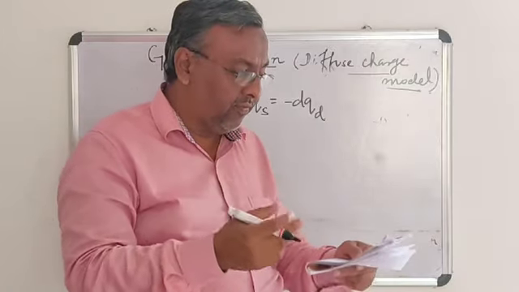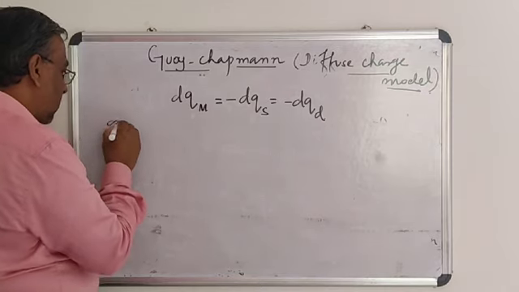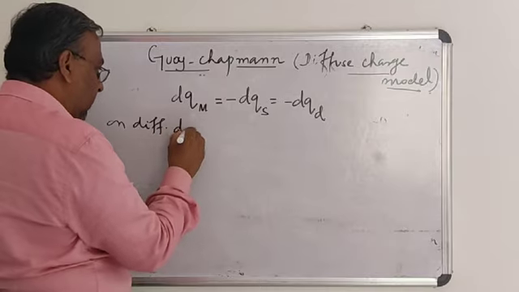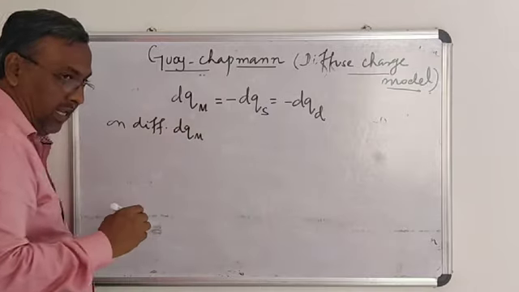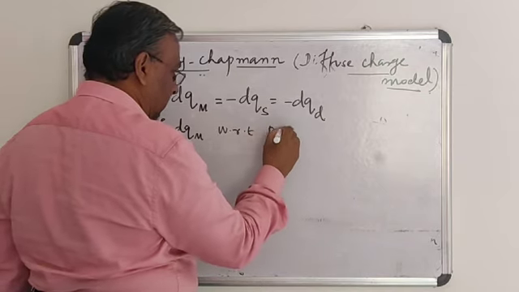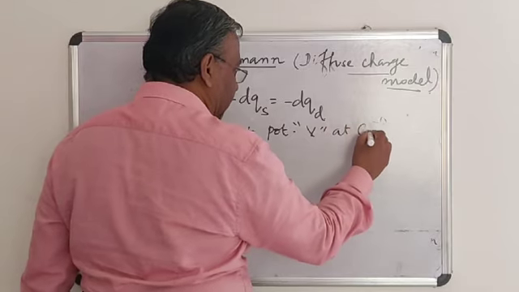How did he find it? On differentiating that charge density over the metal with respect to potential, V, at constant temperature.